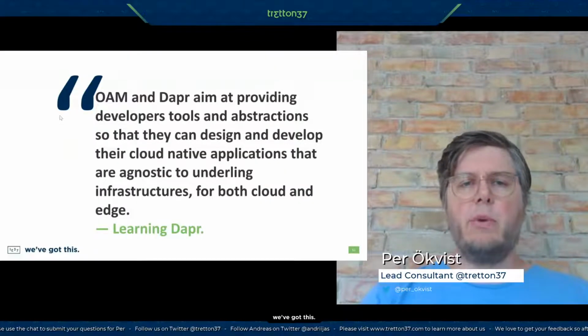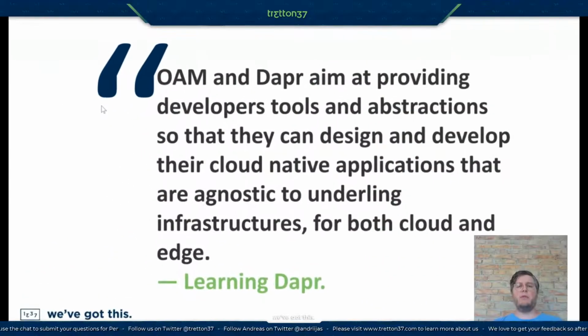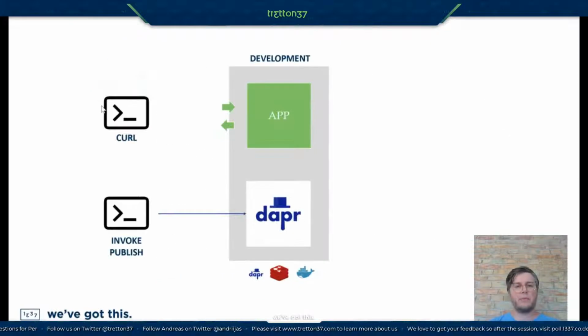So, as we said, OAM and Dapr is aiding to provide developers with tools and abstractions so we could design and develop their cloud-native applications in an agnostic way, both of infrastructure and cloud. And the target here is, of course, because we're talking about cloud-native, both cloud and edge. And I could also stress that Dapr runs also in process, so you could run it basically anywhere. So it's not dependent on cloud in that fashion.